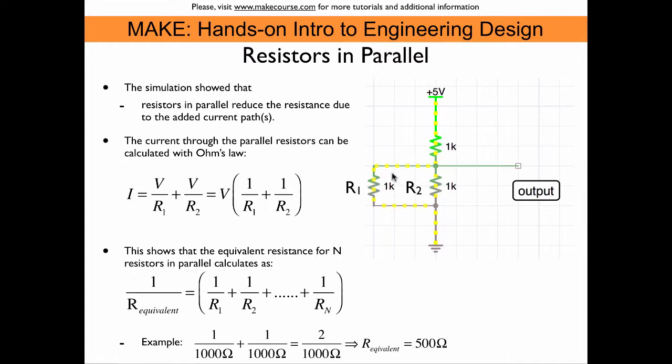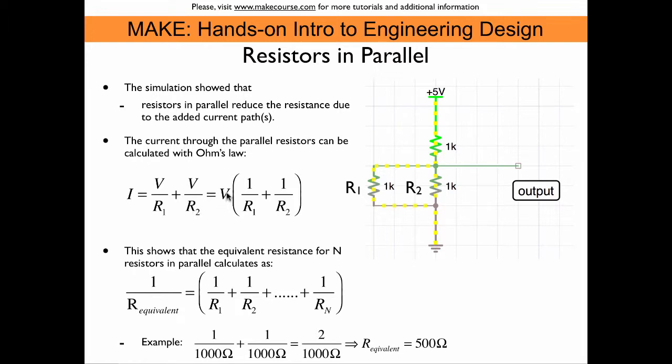So it's easy to calculate the current that goes through all these resistors. Essentially what we do is we simply use Ohm's law, and we calculate the current in each of the resistors. And so we get here the total current is just the voltage across the resistors divided by resistor 1 plus the voltage divided by resistor 2.